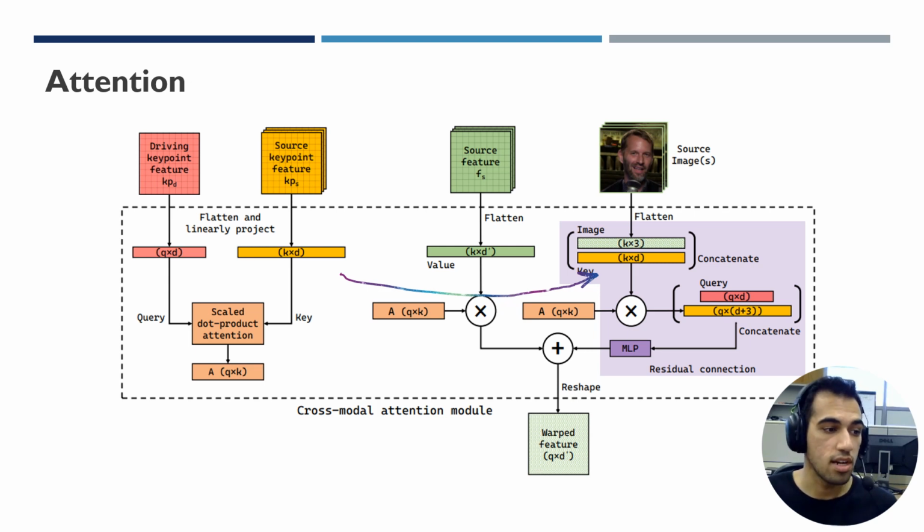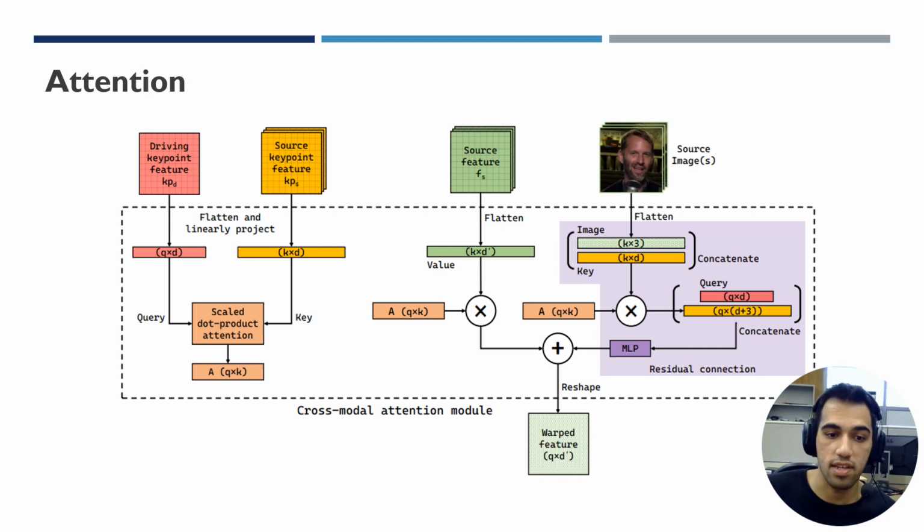But what is different between a normal transformer model and this model in particular is the things that are on the right side of the screen, where they also use the information from the source images and then concatenate it with the keys extracted from the previous networks, and then they multiply it by that matrix A, which was a product of both the keys and the queries. Then they pass it through this network and concatenate the result with the query as well, and then they pass it through a multi-layer perceptron.